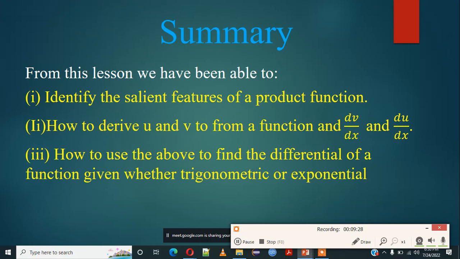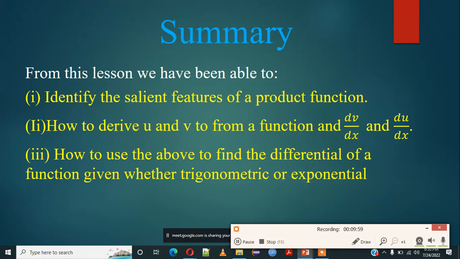Now, as a summary from this lesson, we have learned how to identify the salient features of a product function. That is, given a function, you are able to identify that you need to use the product rule. Then, next, you are supposed to derive the u and the v, and from the u and the v, generate dv over dx and du over dx.